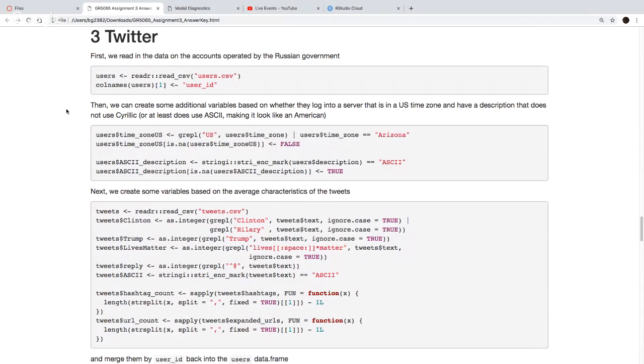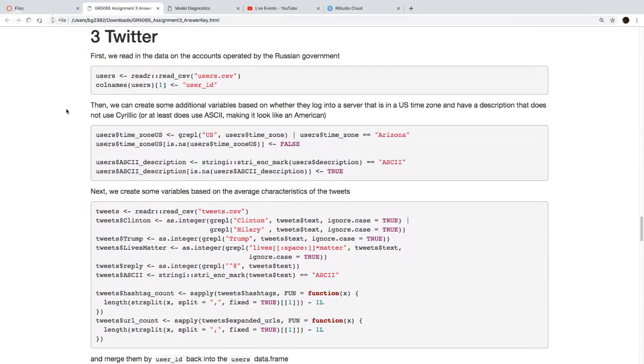Different people did different things. One thing you can look at is the time zone on their Twitter account from the United States or like Moscow or whatever. So apparently some people were logging into like US VPN servers and then connecting to Twitter to make it look like their account was for someone in the United States.